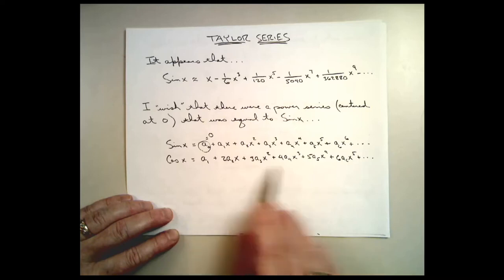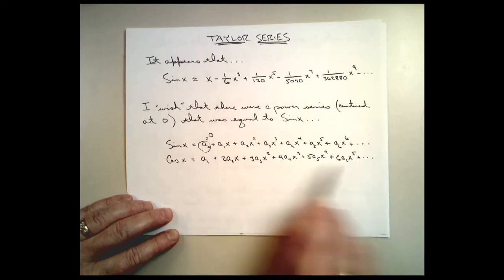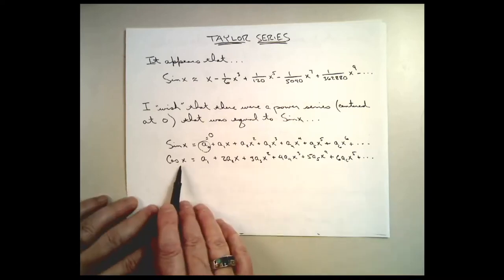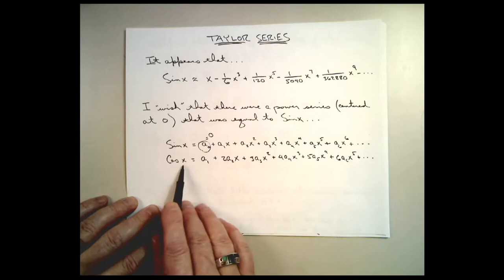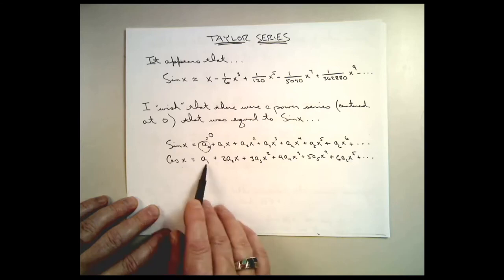Everything else goes away whenever x is 0. Whenever x is 0, over on the left-hand side, I have cosine of 0, which is equal to 1. So 1 equals a1.